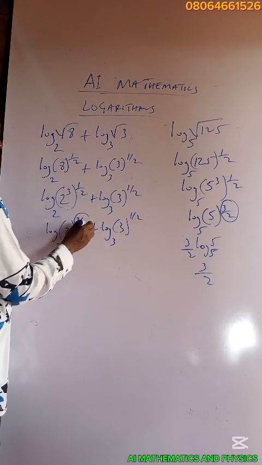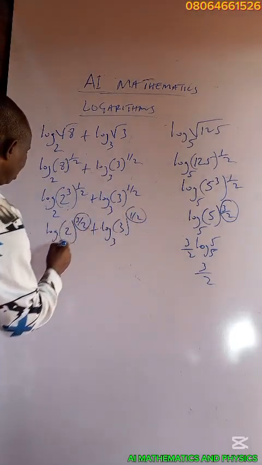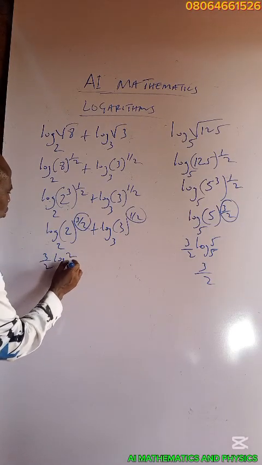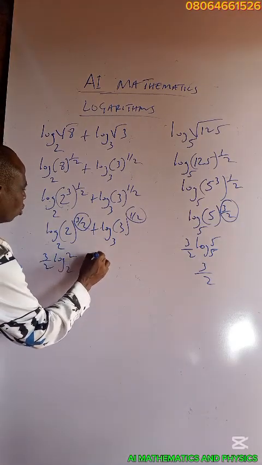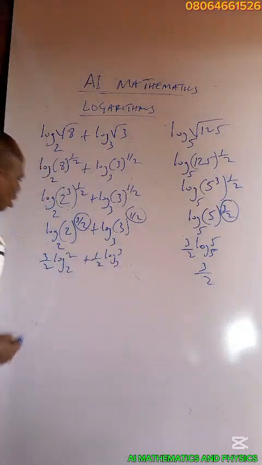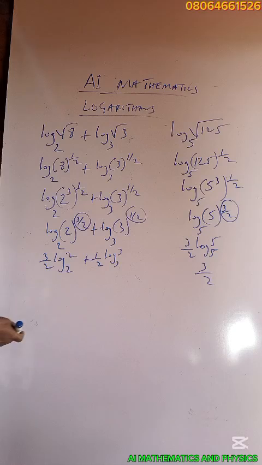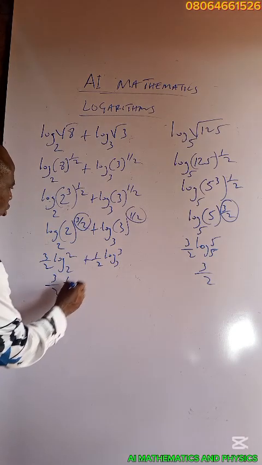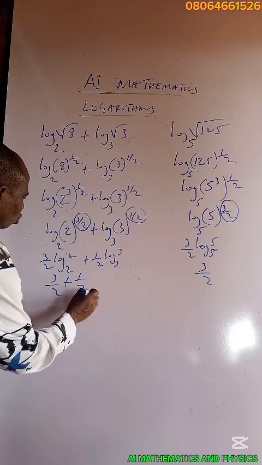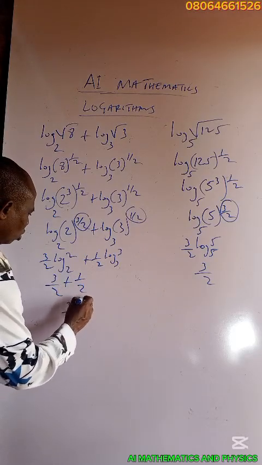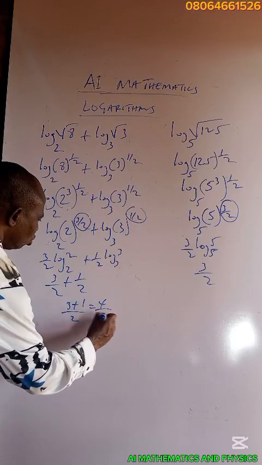This one is power. It becomes 3 over 2 log 2 base 2 plus 1 over 2 log 3 base 3. Log 2 base 2 is 1. Times 3, that's 3 over 2 plus 1 over 2. That's 3 plus 1, that's 4 over 2.